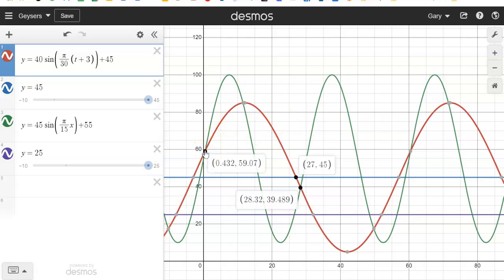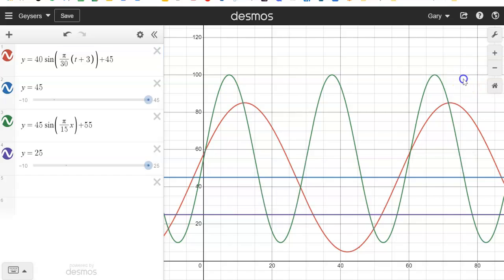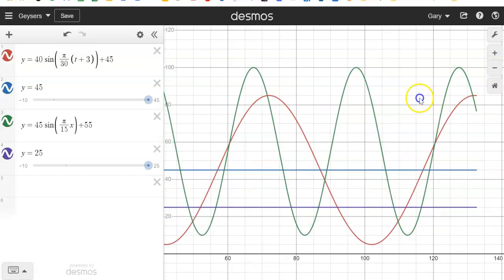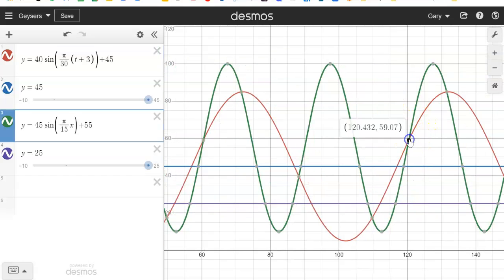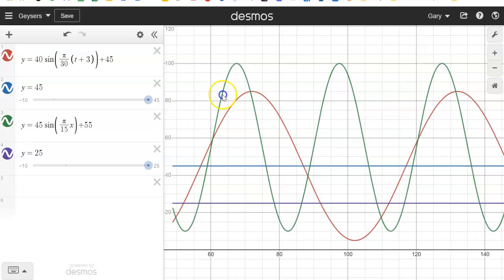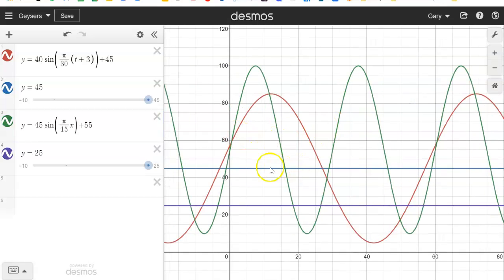This is the first time where they're both at the same temperature, and now if we keep it going, they're not going to be at the same, and right there they're both at the same temperature again. You can see the picture looks the same, and that's after 60 seconds, right? And so that pattern is just going to keep repeating. If we go another 60 seconds, you can see that's repeating, right? So every 60 seconds, it's going to be the same.